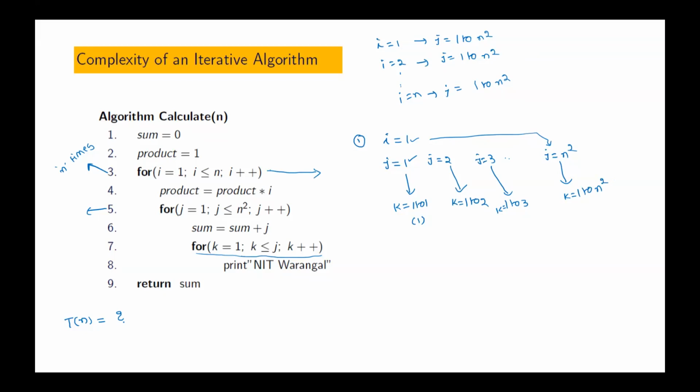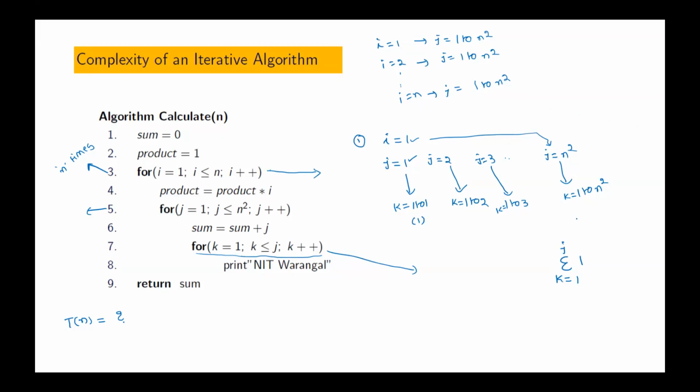If you have any confusion, we can simply write that this operation is performed, NIT Warangal is printed, for each value of k from 1 to j one time, or not? Yes.